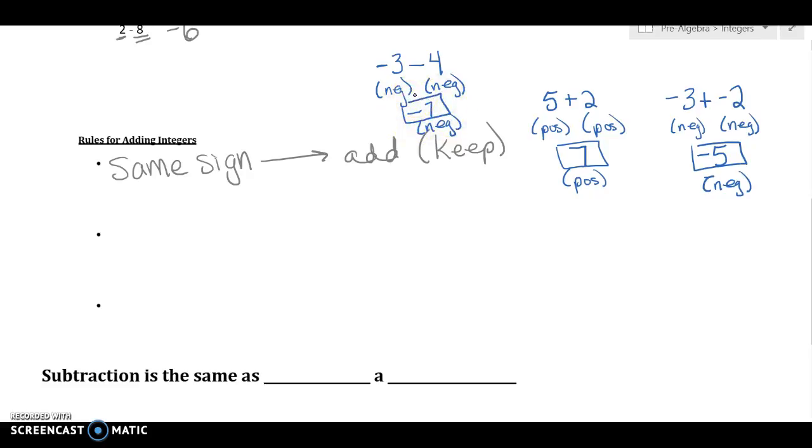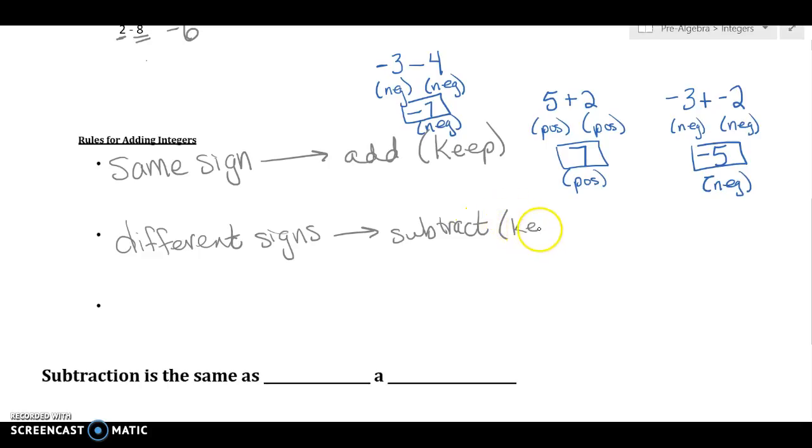So really it's important for you to think of what each sign is, and if it's the same sign, add. The second rule is if you have different signs, you subtract. So same is adding, different is like difference, and you subtract. For this one, you keep the sign of the bigger number.